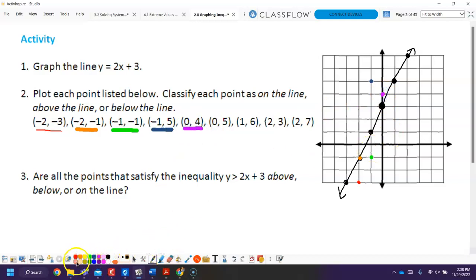Zero, 5. One, 6. And then 2, 3. And 2, 7.